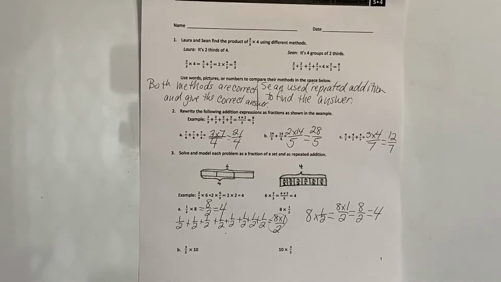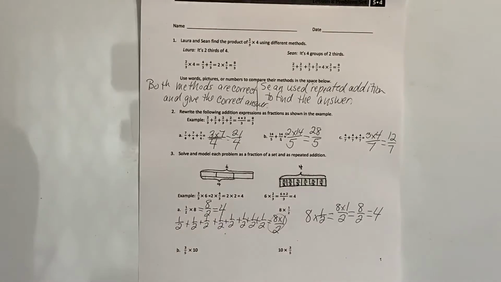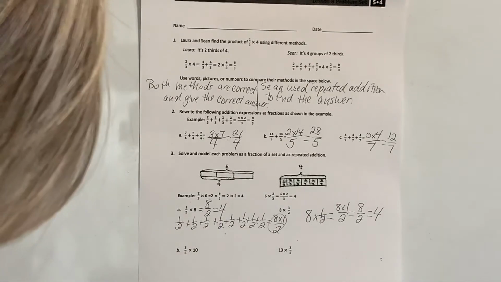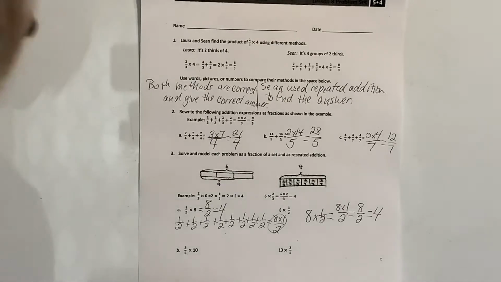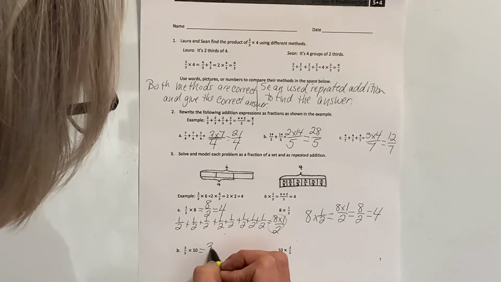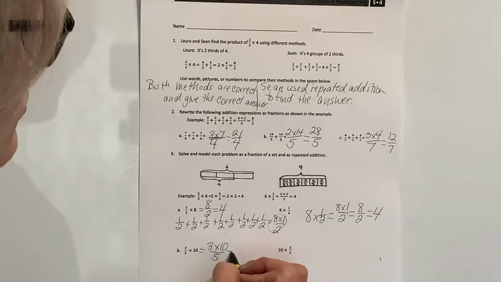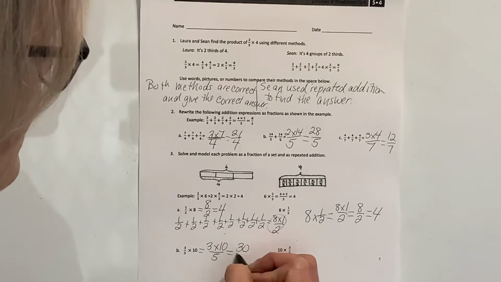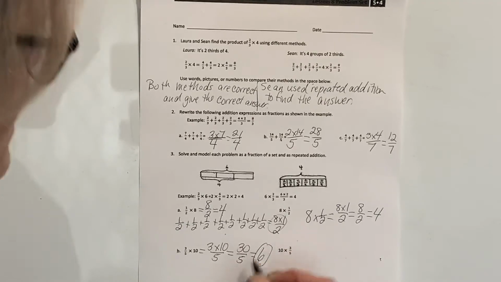All right, so this next one we're going to do is 3/5 times 10. So 3/5, when we write this out as the repeated addition, that would give us 3 times 10 over fifths, which would be the same as 30/5. 30 divided by 5 gives us 6.